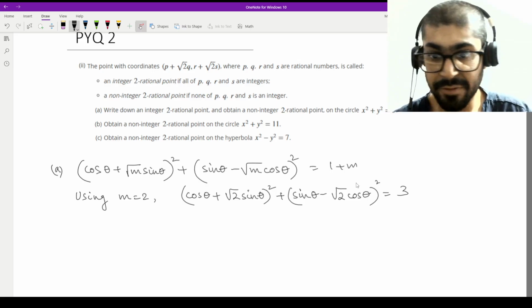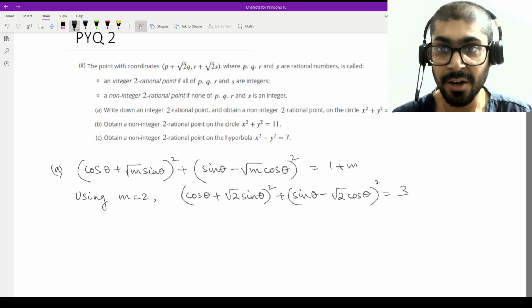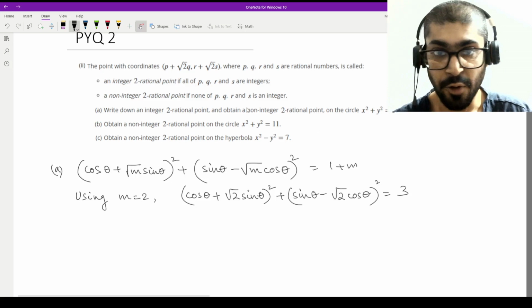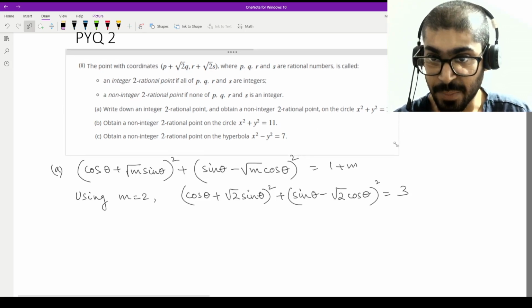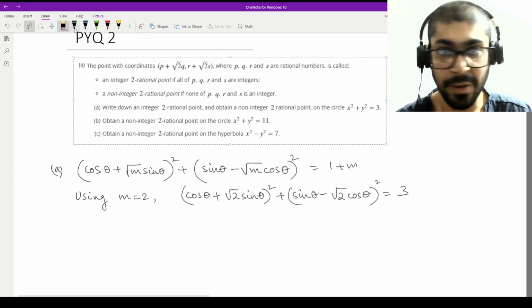So we have a solution for x and y from our question in the last part, for x square plus y square equal to 3.